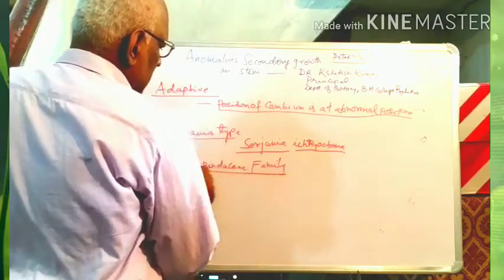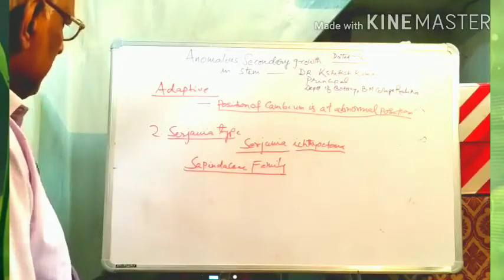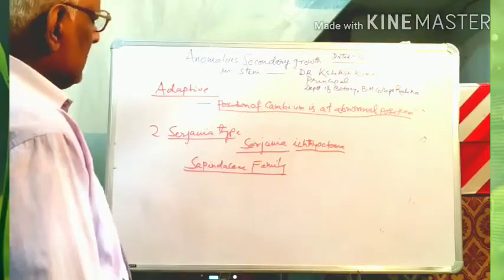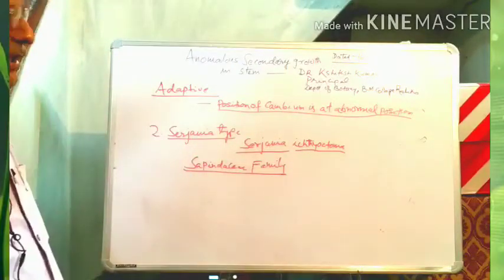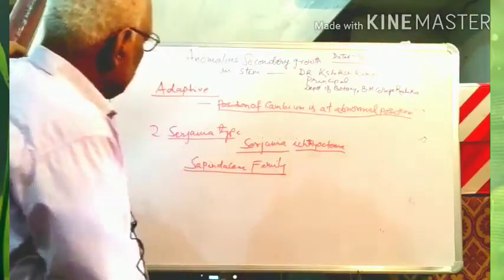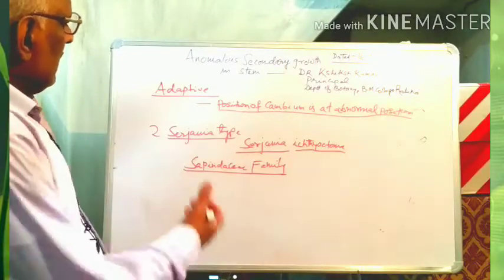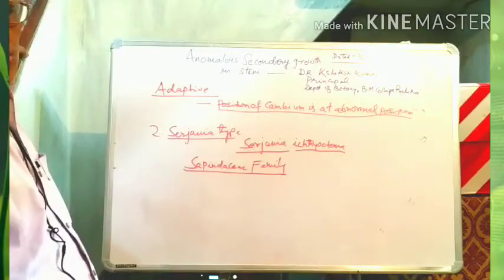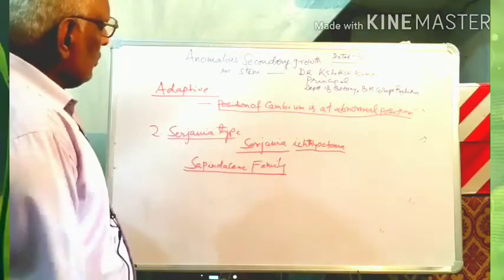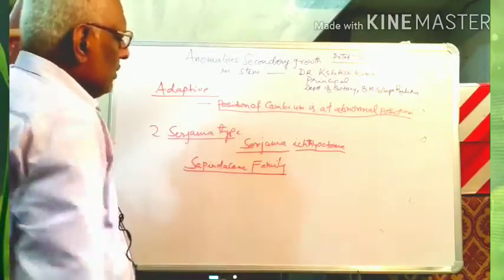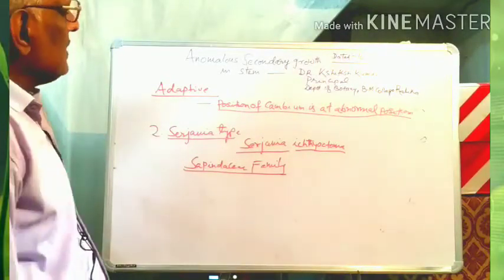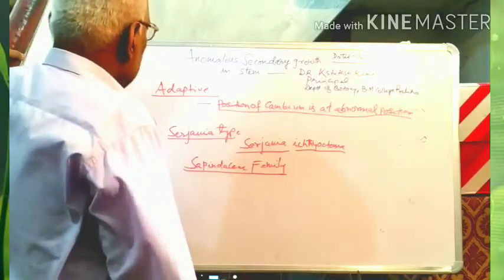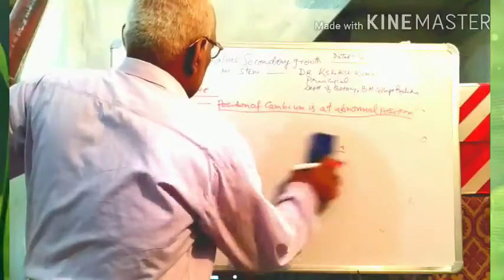The Sapindaceae family is a family of dicots, in which the famous example is Litchi chinensis, and the Ritha, the common soapnut that is used as soap, is also found in this family. So in the Sapindaceae family, in Serjania isthyoctoma, this type of anomalous secondary growth is found.